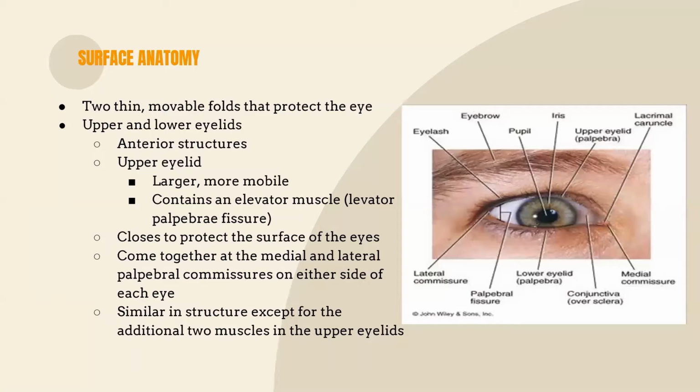The upper and lower eyelids close to protect the surface of the eye. They come together at the medial and lateral palpebral commissures on either side of each eye. They are both similar in structure, except for the additional two muscles in the upper eyelids.